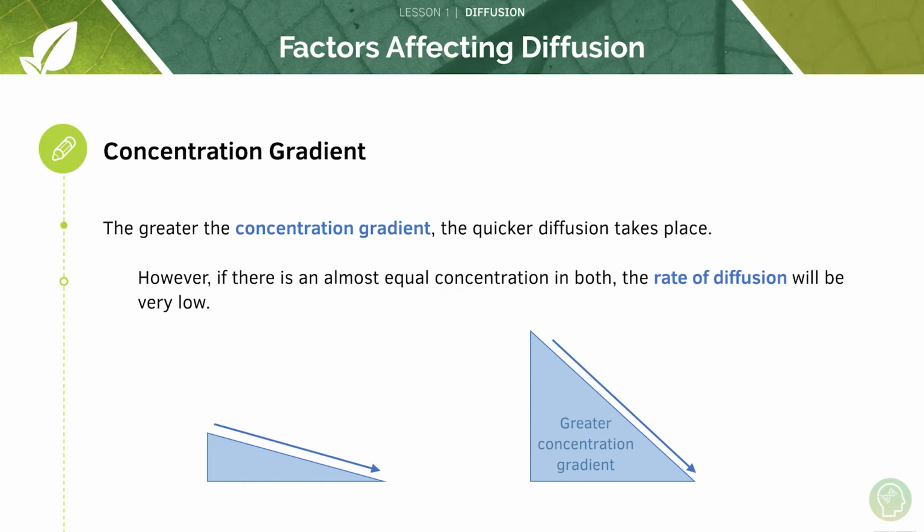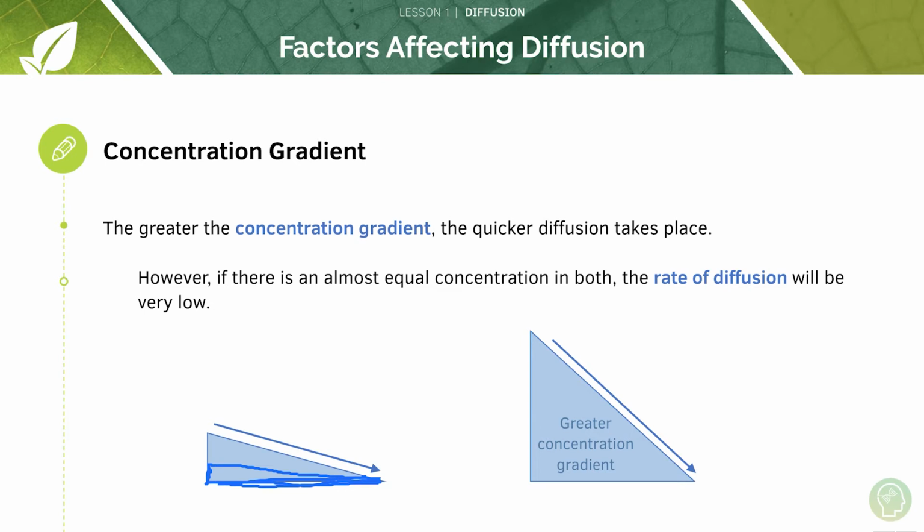However, if there is an equal concentration in both, the rate of diffusion will be very low because the concentration gradient will be shallower. So if this high concentration here were to be moved down a little bit, the concentrations are almost equalised. So if we were to draw the triangle kind of like this, excuse my wobbly lines, but you get the idea.